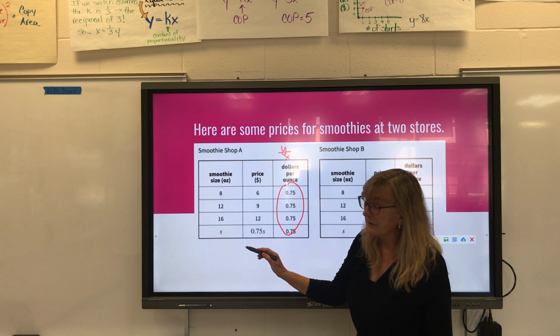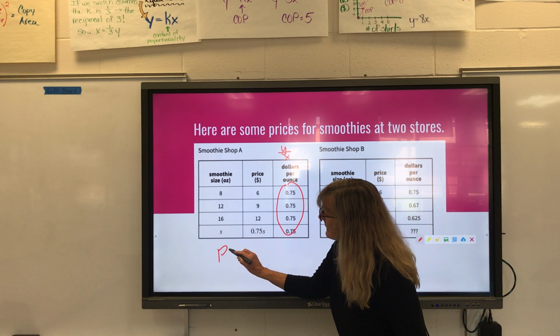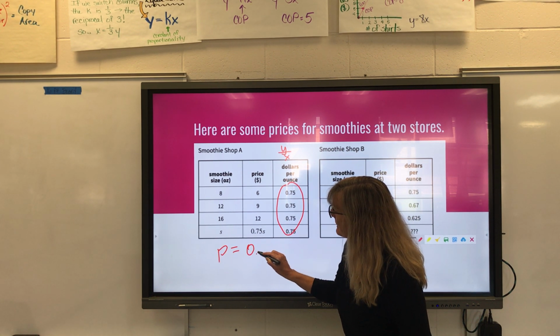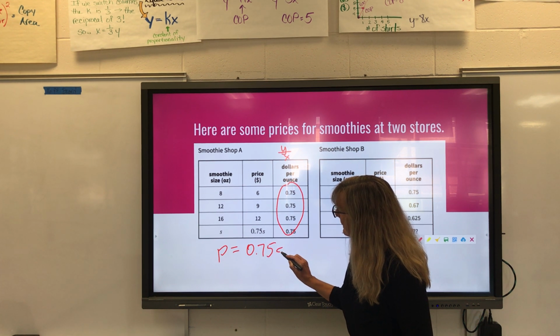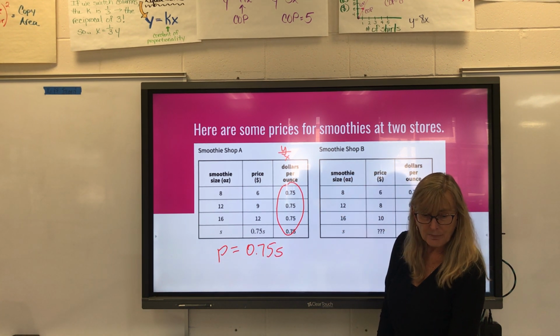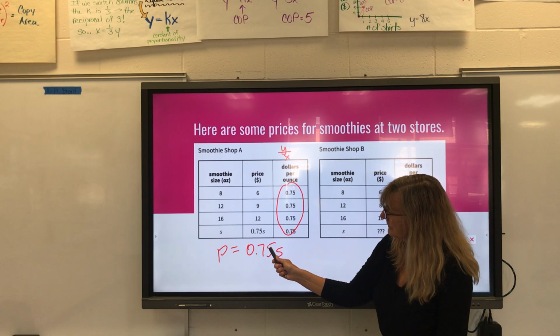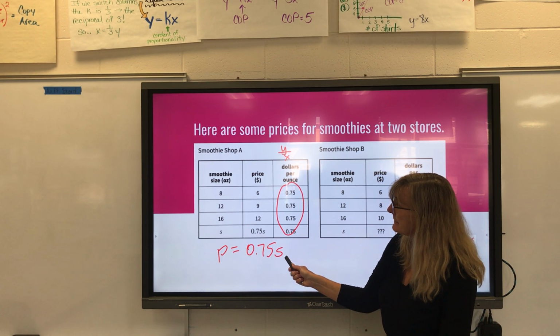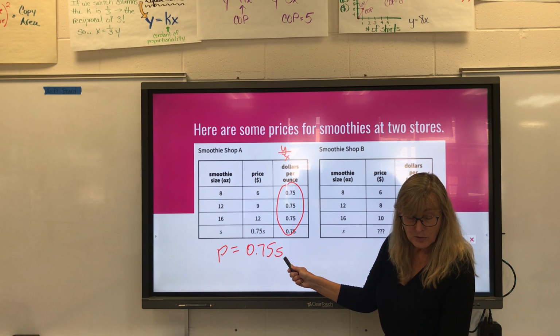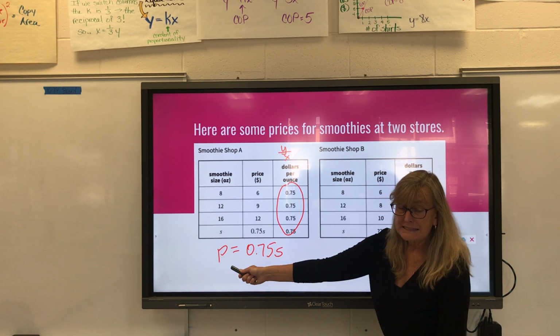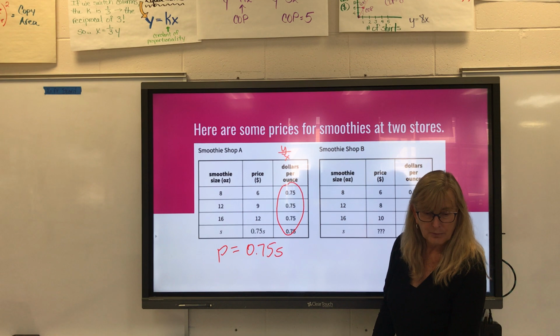Now, if they gave us the equation for this, if all they told us was that at Smoothie Shop A, the price equals 75 cents times the size or the number of ounces, is that a definite proportional relationship? Yes.